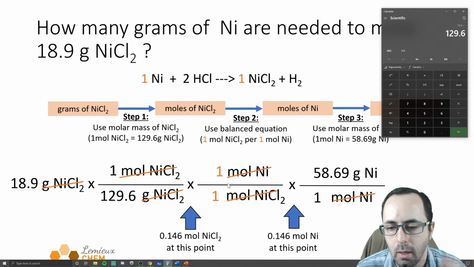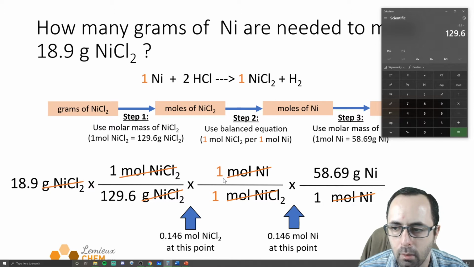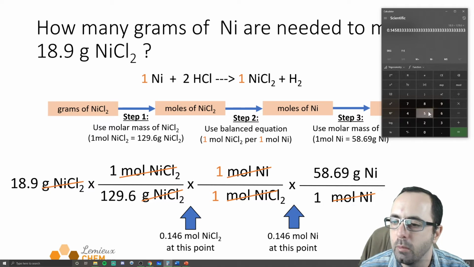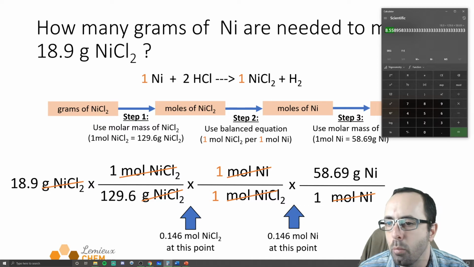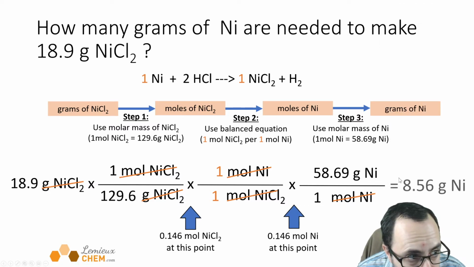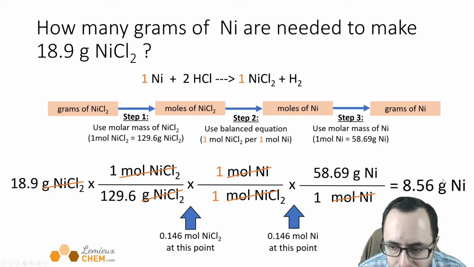You do have to write it, because they're not always 1 here. Then since 58.69 is on the top, we'll press times 58.69, and we get, to 3 sig figs, 8.56 grams of nickel.